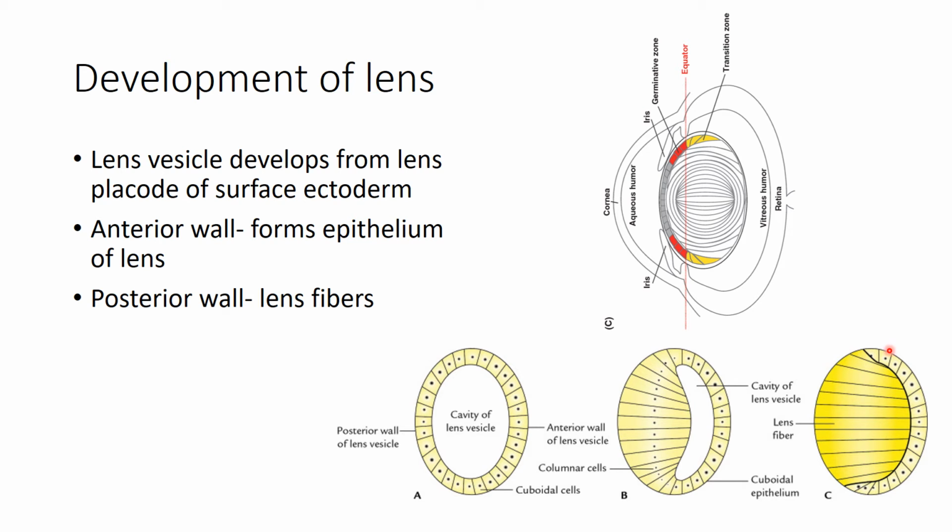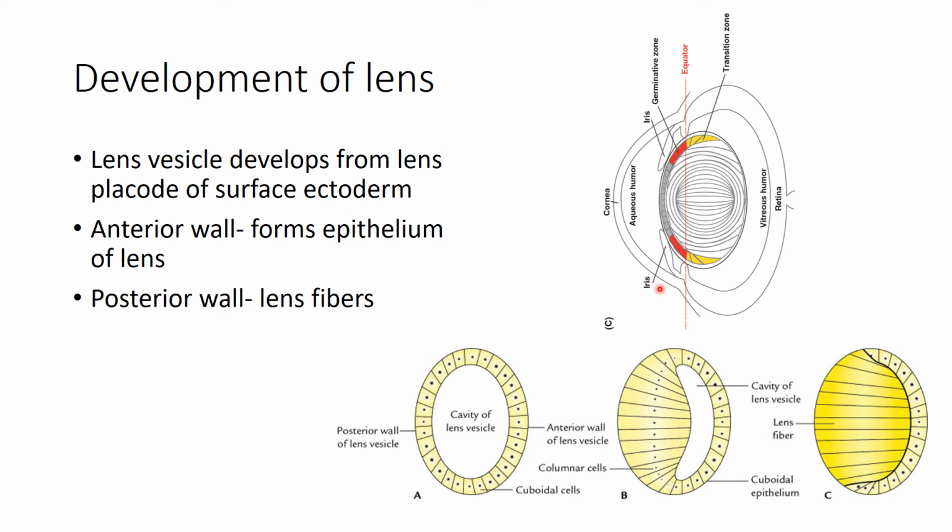The anterior layer forms an epithelial lining with cuboidal cells, but the posterior layer forms lens fibers once it loses its nucleus, and further the equatorial region cells keep on forming lens fibers and adding to the tissue of the lens.